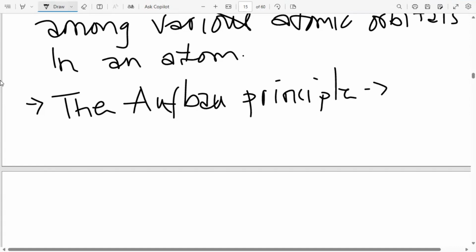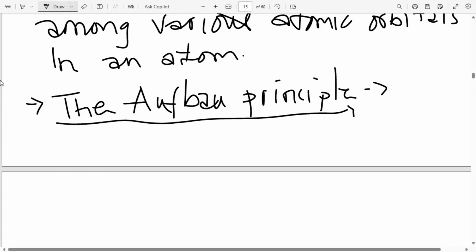This principle is derived from the German language, and it just means to build up. So, what does this principle actually dictate? It dictates that electrons will always occupy the lowest energy atomic orbitals available before filling higher energy orbitals.